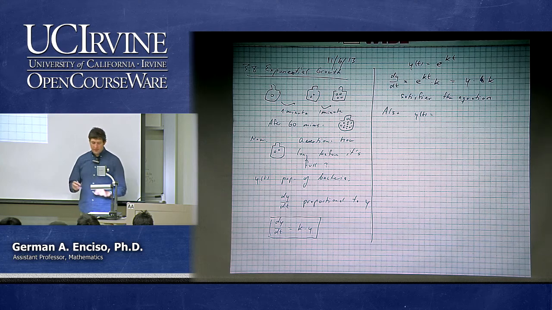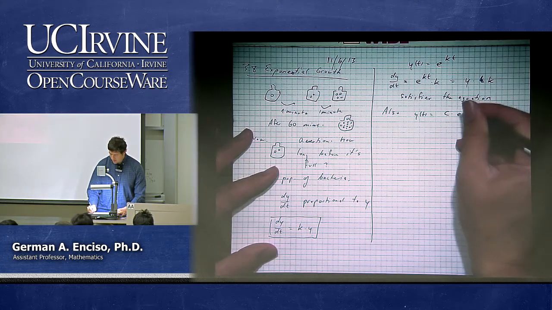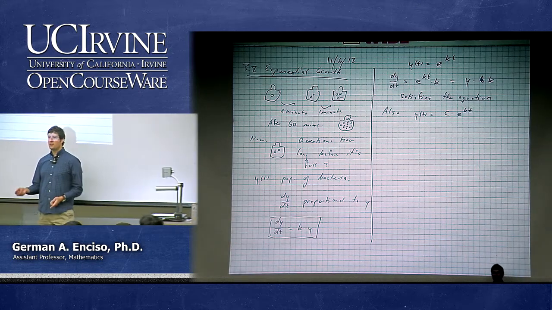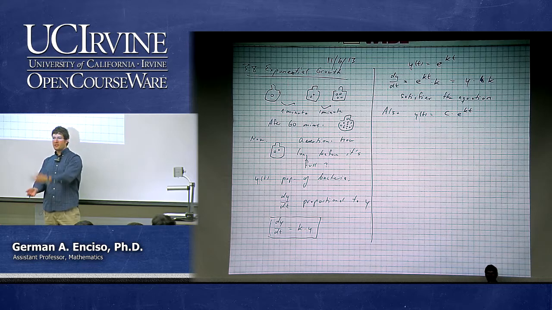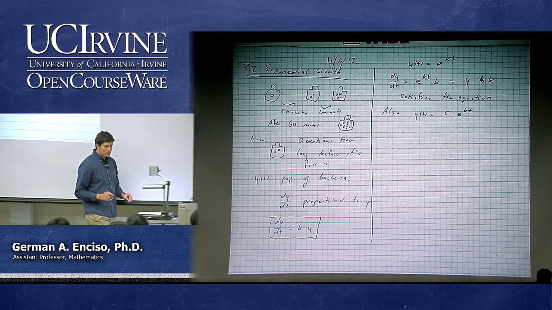You can actually multiply this function by a constant, c times e to the kt, and it still satisfies the equation. Basically I'm rescaling that exponential function by a constant. Same thing: you plug that function into that boxed equation, plug in the derivative and the function itself, and the left-hand side is equal to the right-hand side.